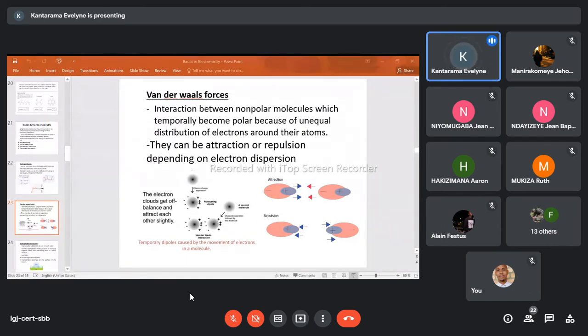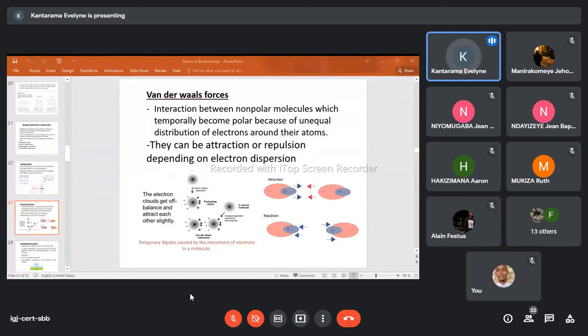But if they are moving, there is a period where they are on one side, and on the other side there is an imbalance, with few electrons.